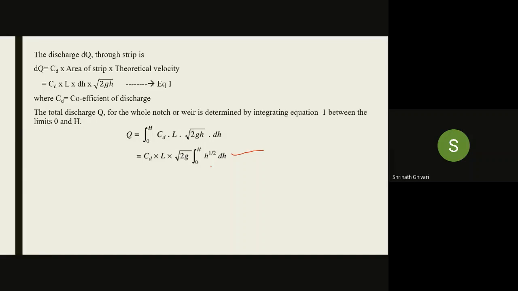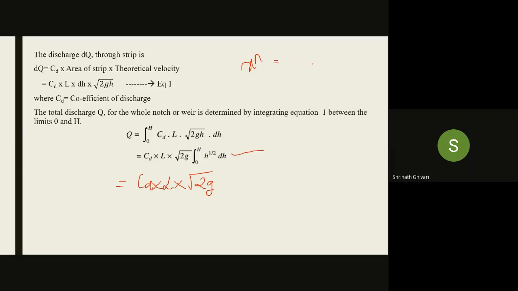Now we integrate this. You have everything now. Now what we have to do? Cd into L into square root of 2g. Now I have to integrate the expression. So h is like x raised to n.